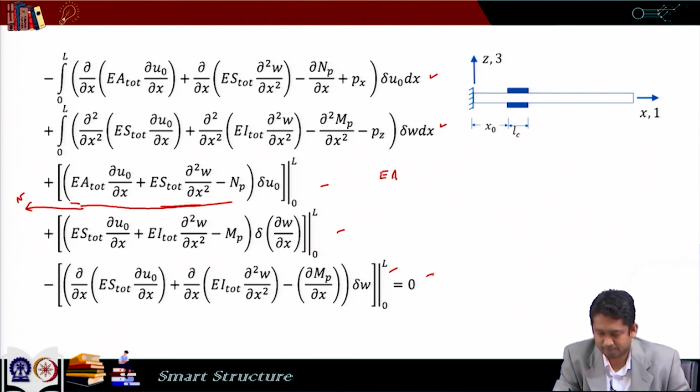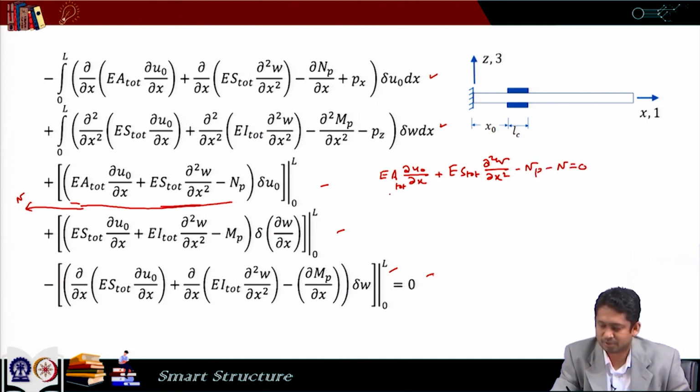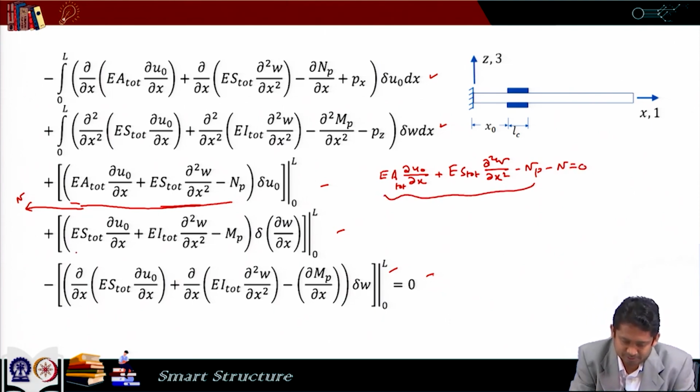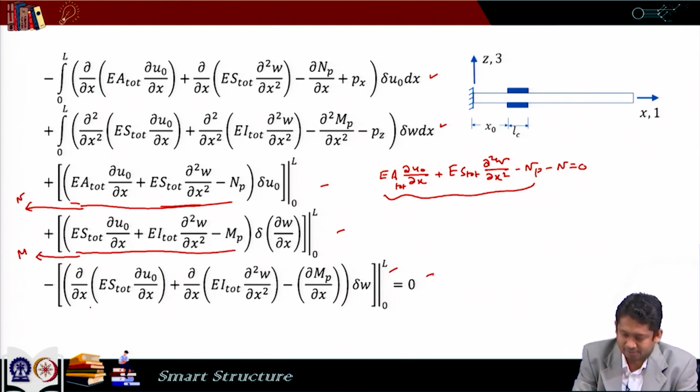Because we have seen so far that E A total plus E s total multiplied, E A total del u 0 by del x plus E s total del 2 w by del x 2 minus N p minus N equal to 0, which means that this is equal to N. Similarly, using the same reason, this is my M, and this is nothing but del M by del x, which gives me the shear force.